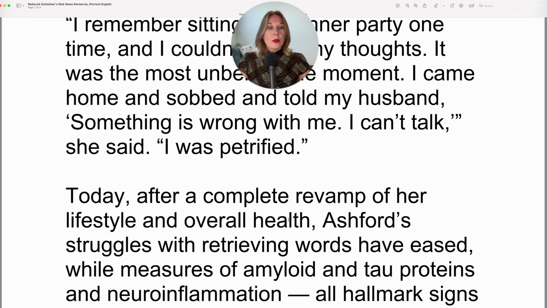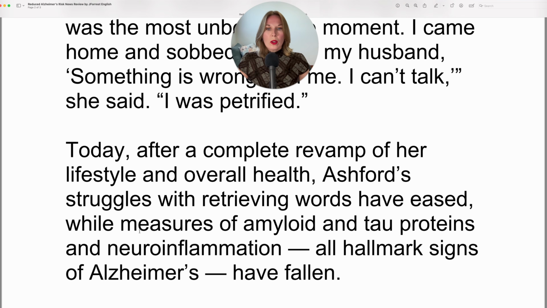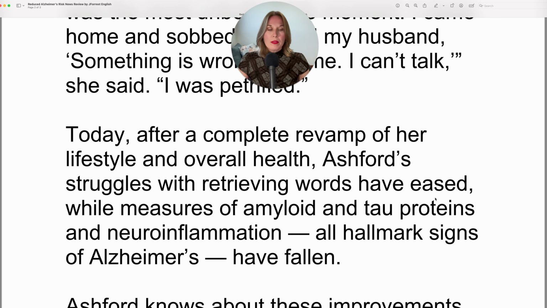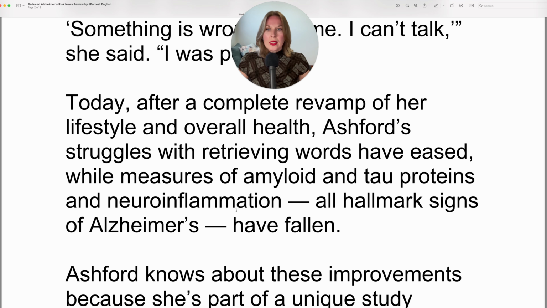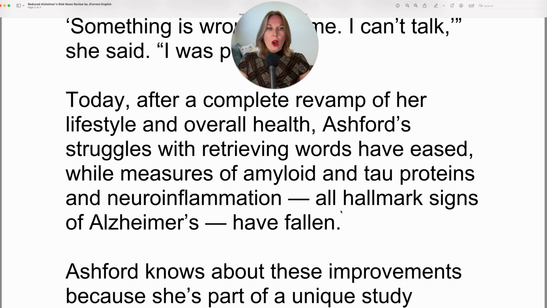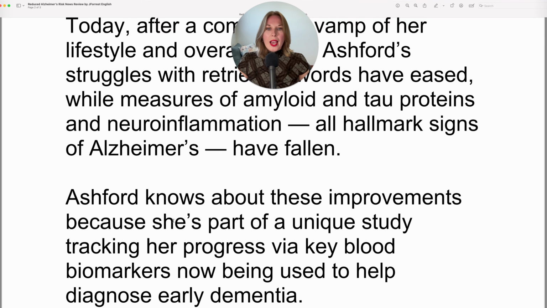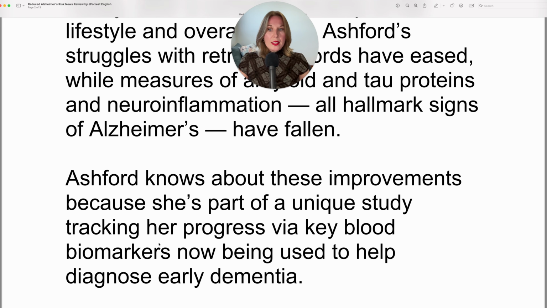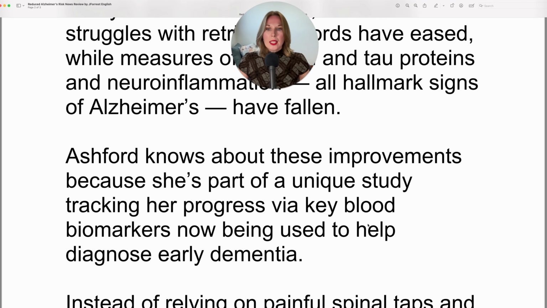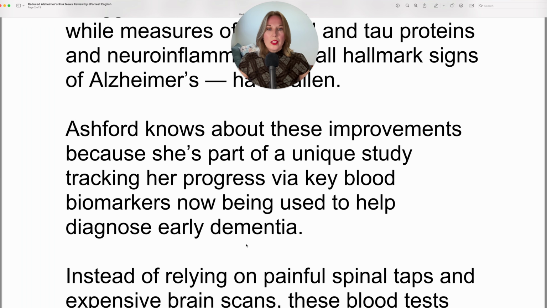Today, after a complete revamp of her lifestyle and overall health, Ashford's struggles with retrieving words have eased, while measures of amyloid and tau proteins and neuroinflammation, all hallmark signs of Alzheimer's, have fallen. Ashford knows about these improvements because she's part of a unique study tracking her progress via key blood biomarkers now being used to help diagnose early dementia.